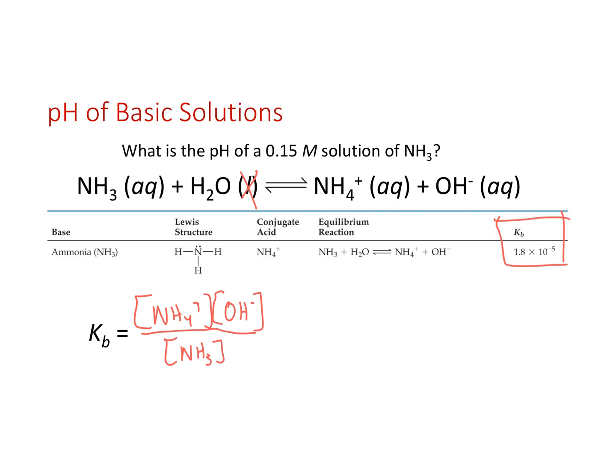So let's think. I want to know the pH of this solution. Right now, all I know is the Kb and the ammonia concentration. Eventually, I need to find hydronium concentration so I can take the negative log of that and find the pH. So we need to find ammonium concentration and the hydroxide concentration to be able to find the pH of this solution.